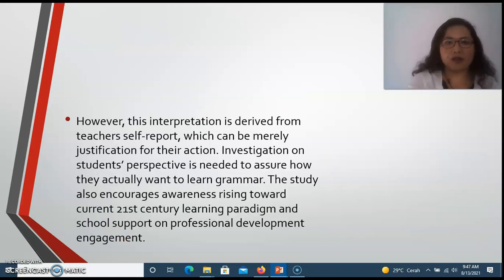But this interpretation is derived from teacher self-reports, which can be merely justification for their actions. Investigation of students' perspectives, thus, is needed to assure how they actually want to learn grammar. The study also encourages awareness raising toward current 21st century learning paradigms and school support for professional development engagement.